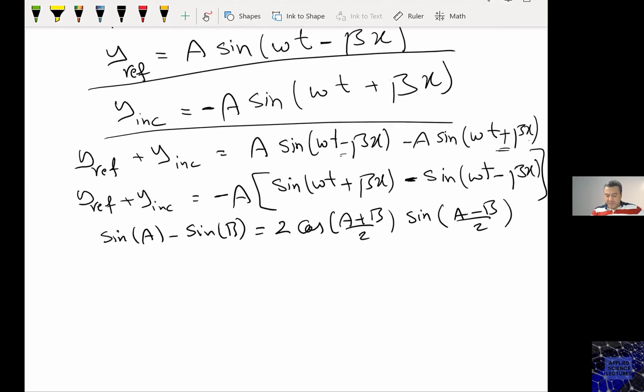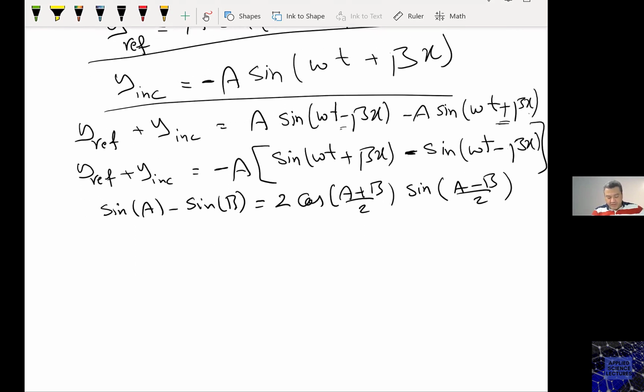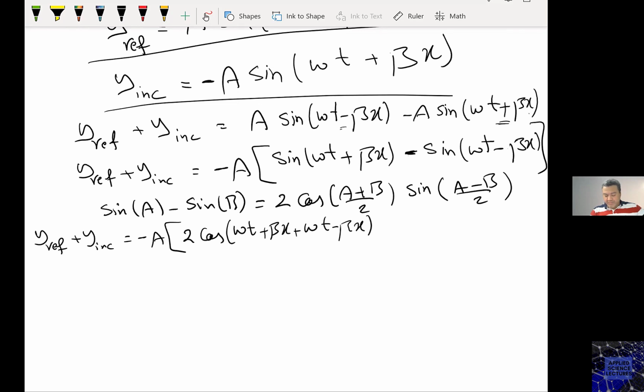So if you use this on those two sines, then y reflected plus y incident equals minus A, then 2 cosine of omega t plus beta x plus omega t minus beta x, sine of omega t plus beta x minus omega t plus beta x, all over 2.